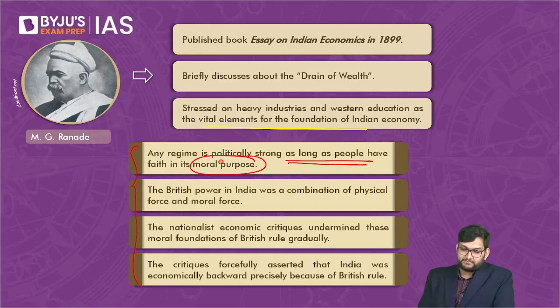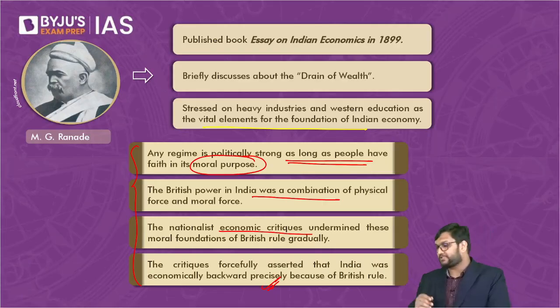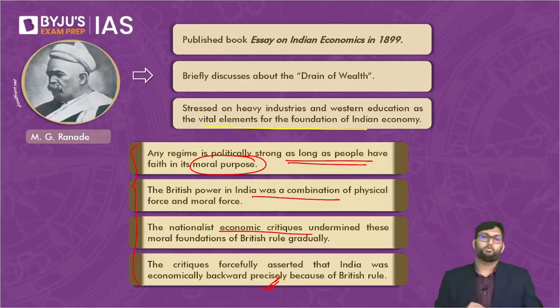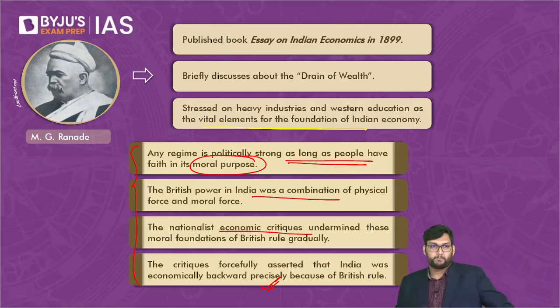The British rule was a combination of both physical force and moral purpose. But now the economic nationalists undermined the moral foundation of British rule in India, therefore successfully showing the world that the British are not here to develop but to underdevelop India.